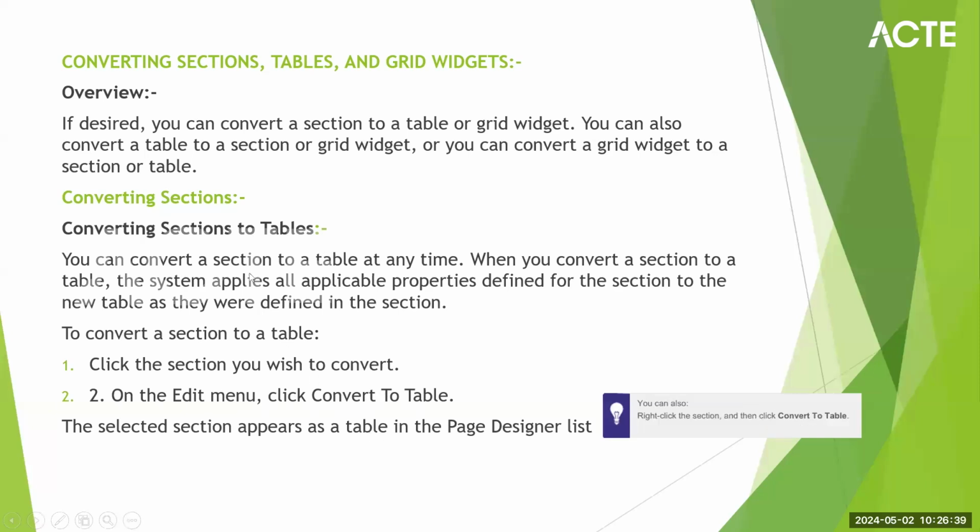When you click on that, the section will be converted to a table, and on the UI as well you can display the values and fields in a tabular format. The selected section appears as a table in the page designer list. Page designer list means where you create a page and how you want to display the page on the UI.